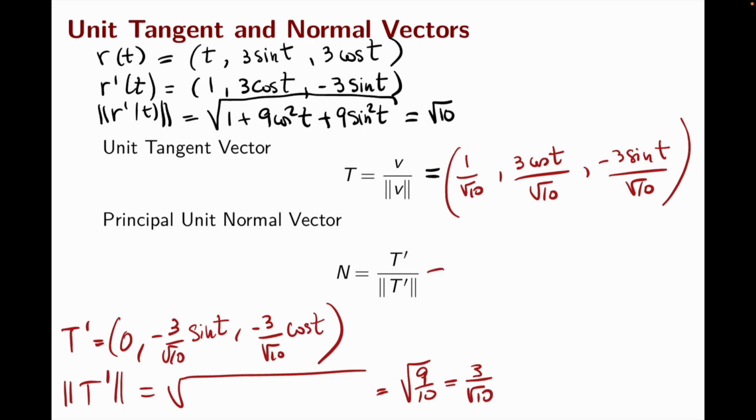So then the normal vector is going to be equal to T prime divided by its norm. So it's going to be equal to 0, minus sine of t, since these cancel, comma, minus cosine of t.